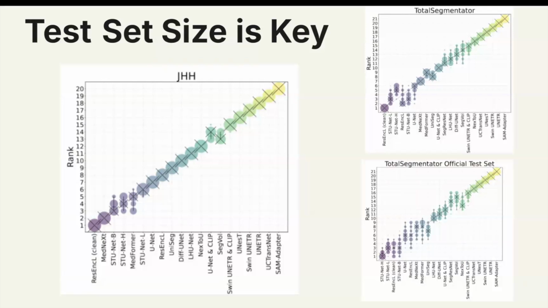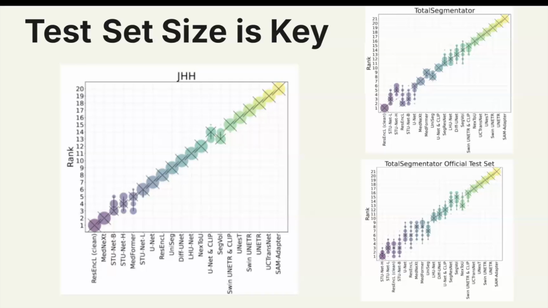To create these plots, we take the test sets and we randomly get subsamples of these test sets. We test the models on these random subsets, and then we check if in these different subsets the models maintain the ranking or if the ranking changes.